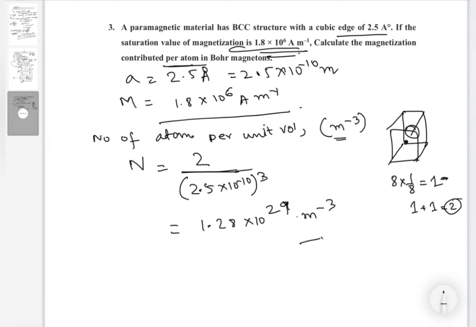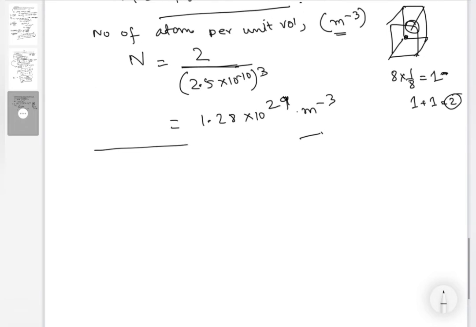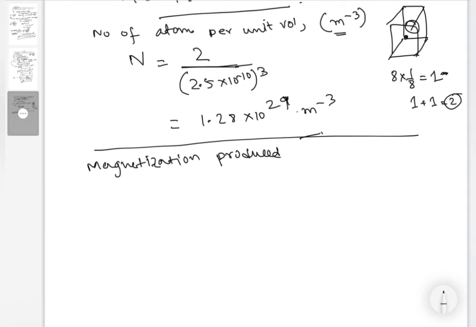So next, magnetization now produced per atom.